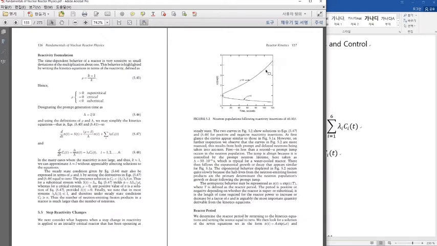After some amount of time has passed, as time increases, gradually the function follows exponential omega 1 t.